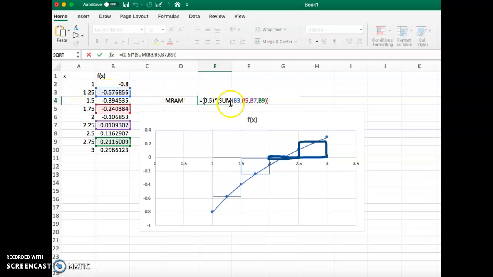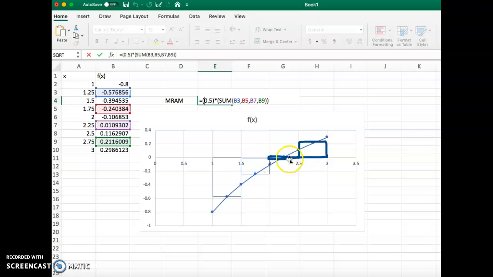So notice I said take the sum of this value, right, which is this value right here, right? And then the length of this rectangle was 0.5 times this length, which is the value of the function at 0.75.